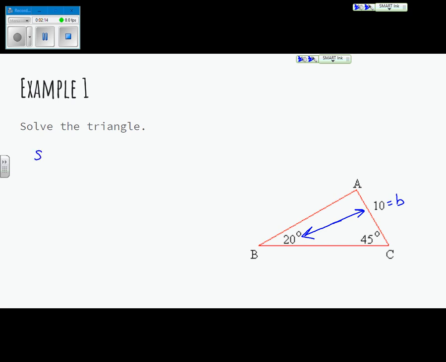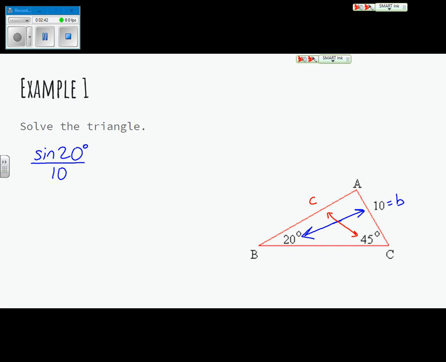And that's how I start my law of sines. I can take sine of that 20 degrees and I put it over the side across from it. Now you can actually use this law of sines to solve for angles or to solve for sides, whichever one you need. The only other angle I am given is this 45-degree angle, and it will tell me what the side is.